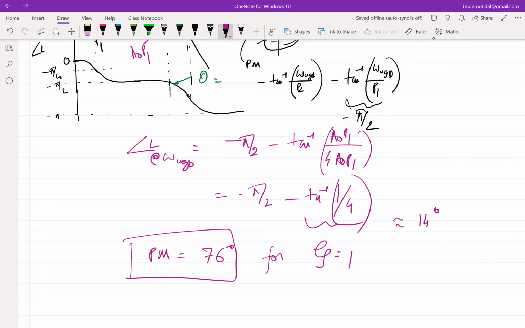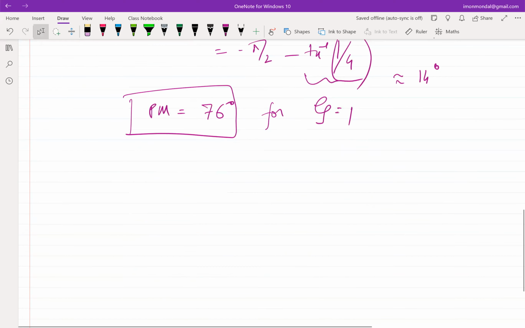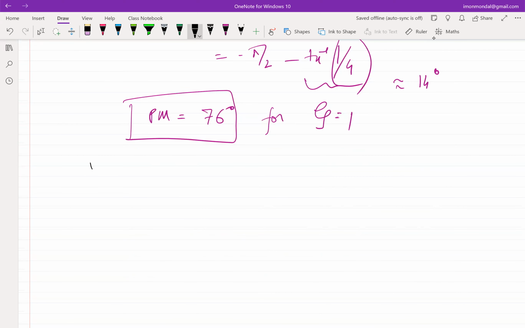Okay. So his question is why zeta equal to 1 is critical. When you expect this to be your final output, if this is your input, you expect the output to settle instantaneously, but that seldom happens. It will never happen.